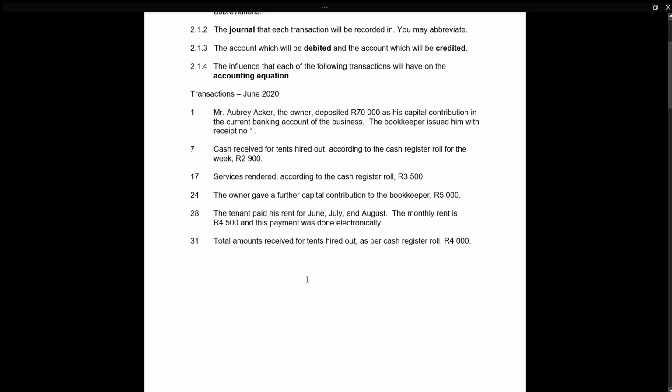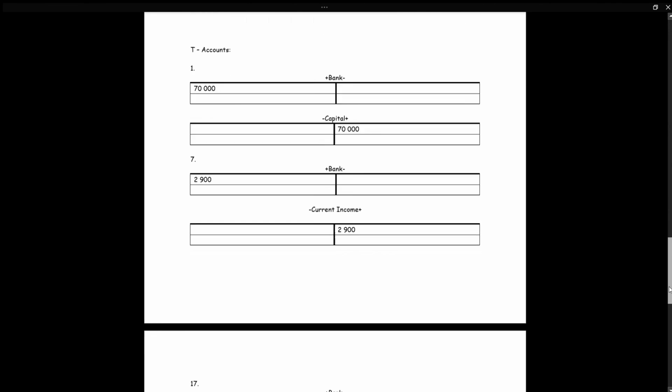So in brackets, let me show you this calculation. 4,500 Rand multiplied by 3 will equal a total of 13,500 Rand. Okay, so let's go and do the T accounts.